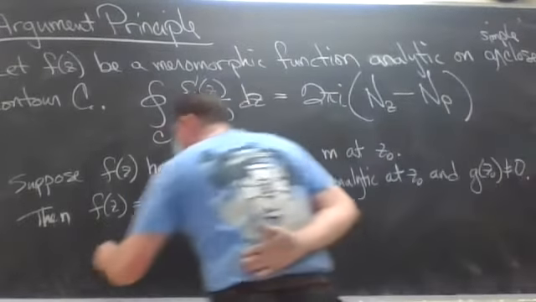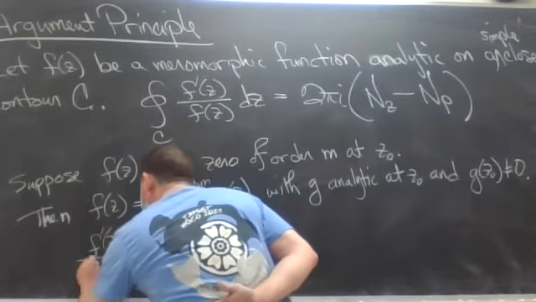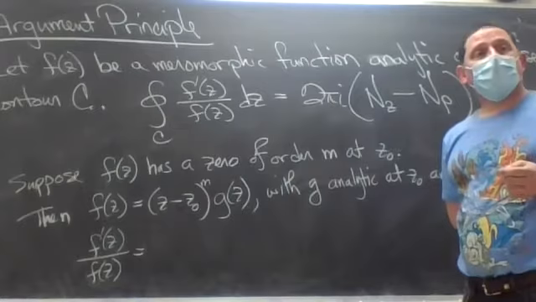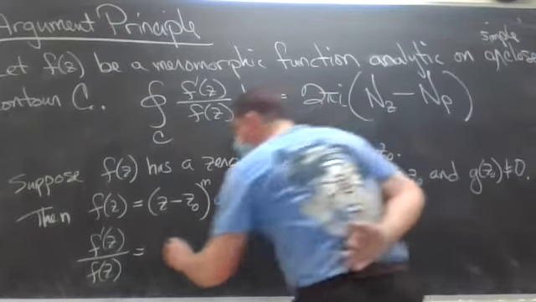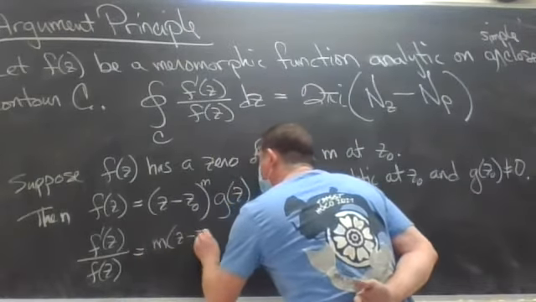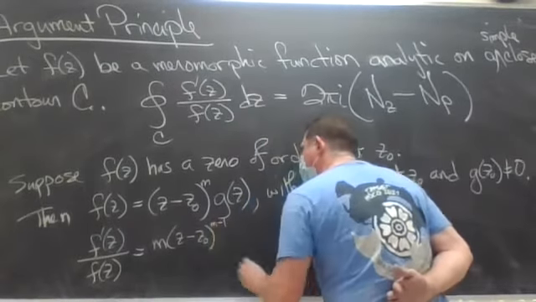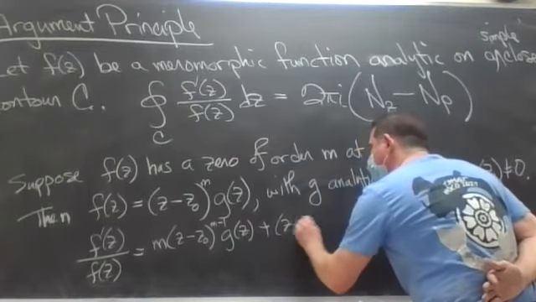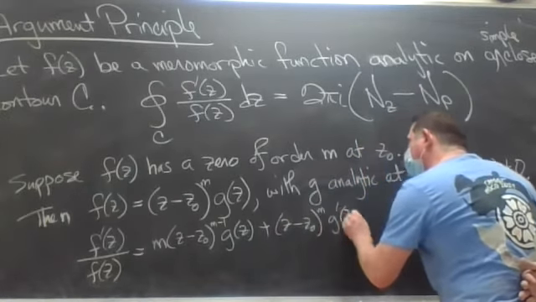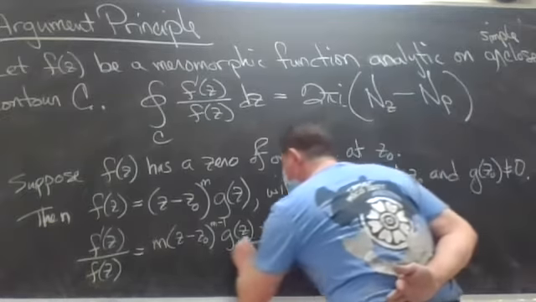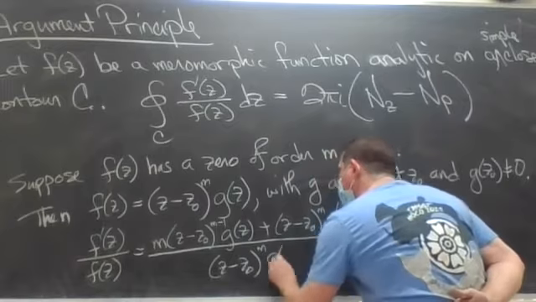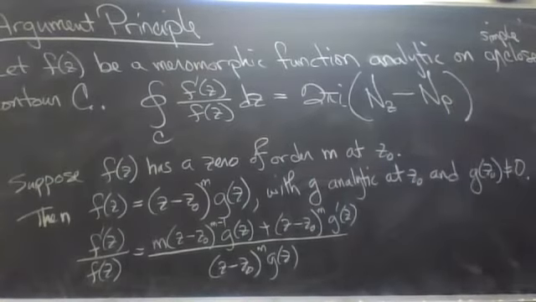And so now I can say, well, what about f prime of z divided by f of z? Well, that's going to be equal to m (z minus z naught) to the m minus 1 g of z plus (z minus z naught) to the m g prime of z, divided by (z minus z naught) to the m g of z.